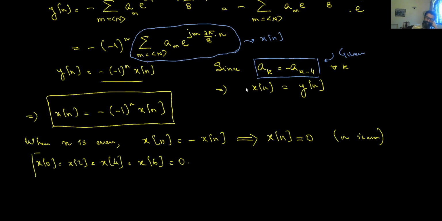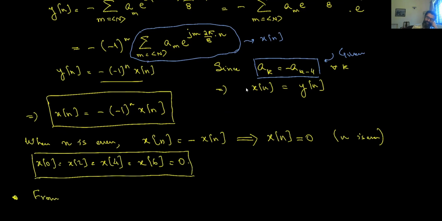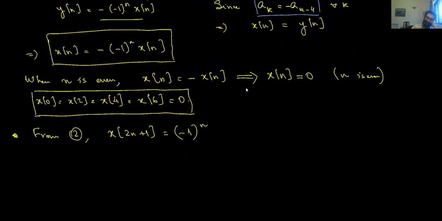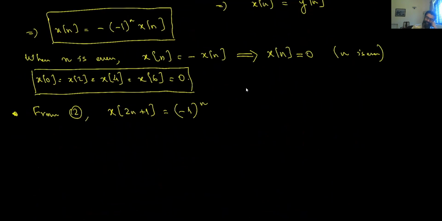Odd values का मतलब है, what about the odd time indices? उस पे क्या होगा? So हमें एक और चीज़ पता है, from condition 2 we know that x of 2n plus 1 equals minus 1 raised to power n. इतना? Yeah. So how can I use this to determine x for odd values?